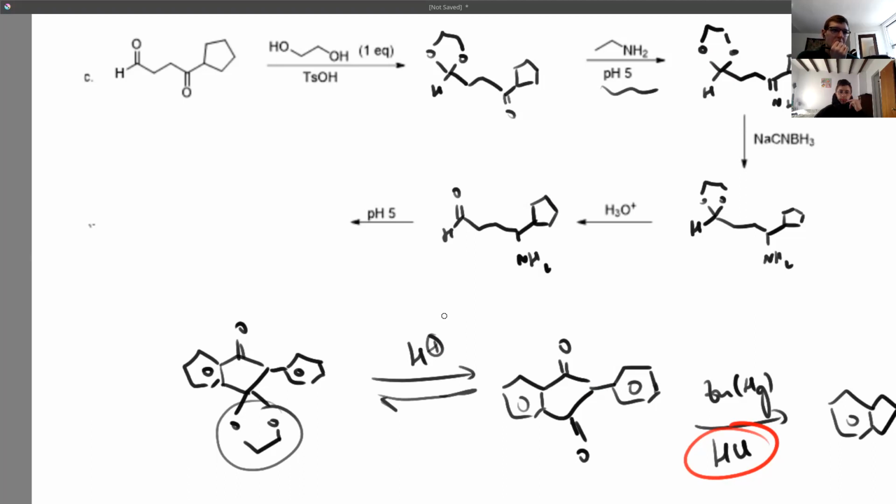That wouldn't be it. pH 5 is probably, yeah, you could form an acetal on that. Like you could just stick water on here, right? So yeah.